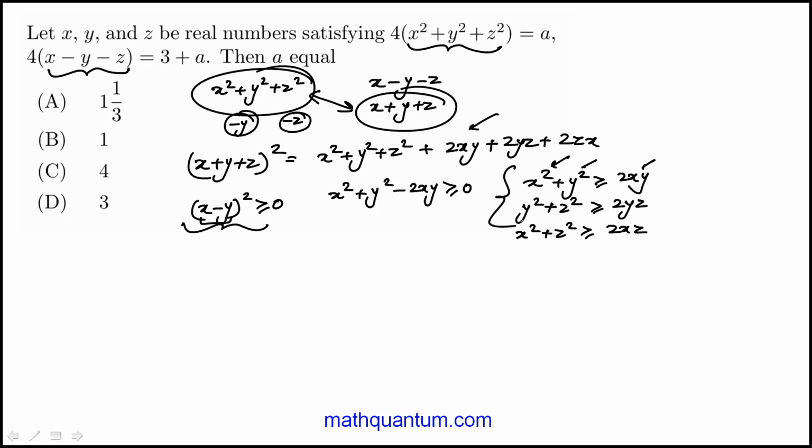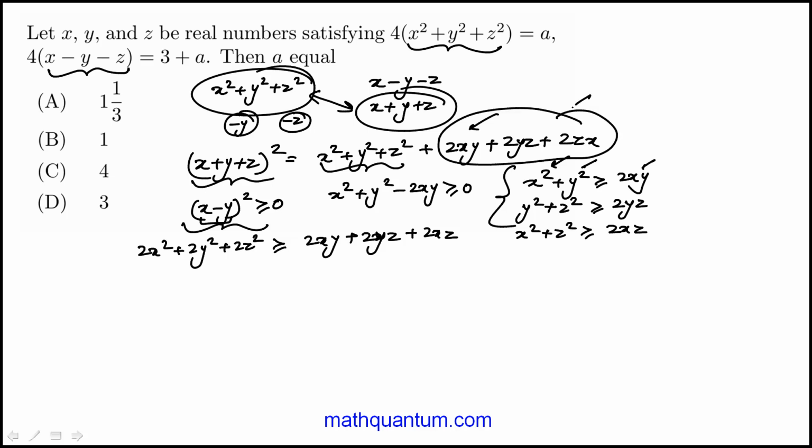So if I add these three inequalities, I'm going to get 2x squared plus 2y squared plus 2z squared is greater than or equal to 2yz plus 2xz. So I need to relate this and this, so I'm going to need to eliminate that. So I'm going to take this and substitute that here.